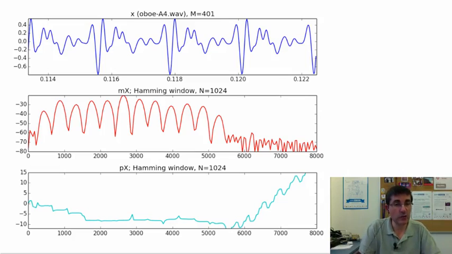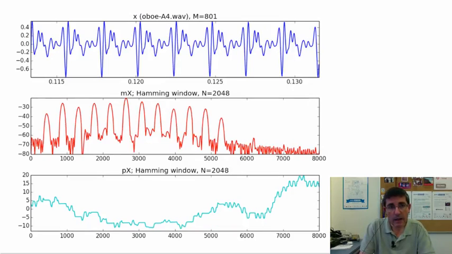Then if we compute the DFT of this signal multiplied by a Hamming window, and again with zero padding to get an N equal to 1024, we see these harmonics quite clearly separated. Each harmonic corresponds to one main lobe of this Hamming window, and they are quite clearly one after the other.